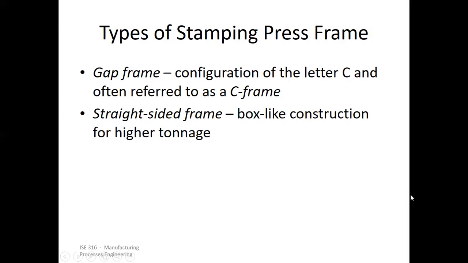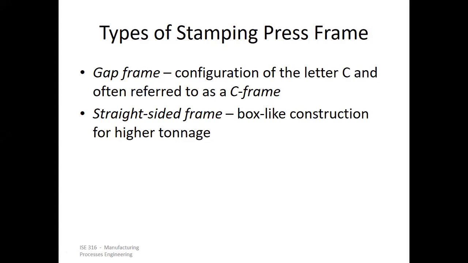Now, as for the presses, because we are doing this on different presses, what are the different main components of those press frames? Gap frame, with the configuration of the letter C, and the operator works in front of a C frame.